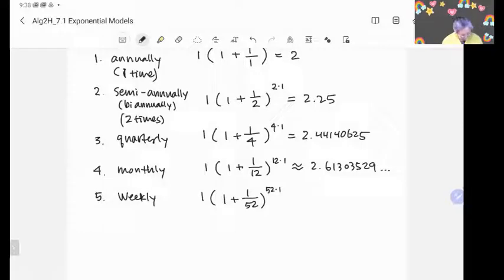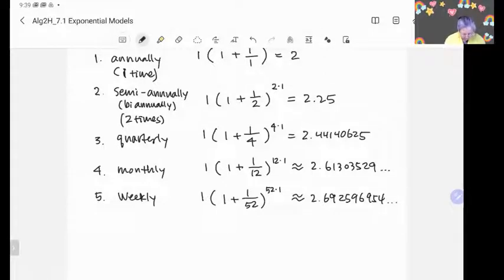Then it gives you about 2.692596954 and so on.